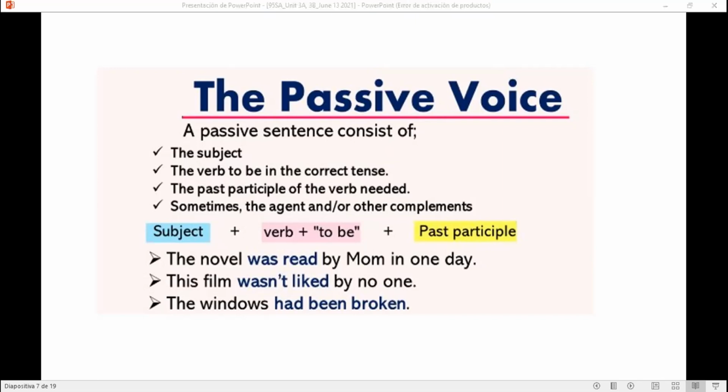Okay, just let me make an example over here in the Blackboard. Okay, so here we are. Let me write some sentences and then we can analyze them. Okay, so here we have, I read the book.